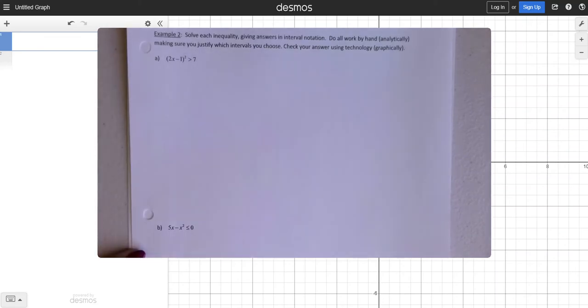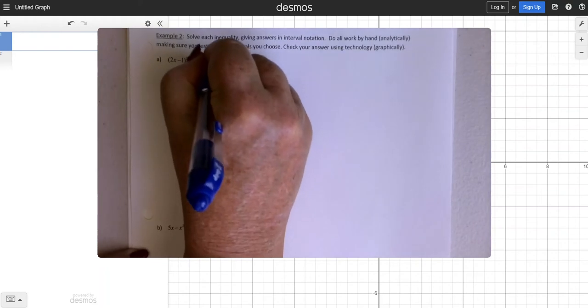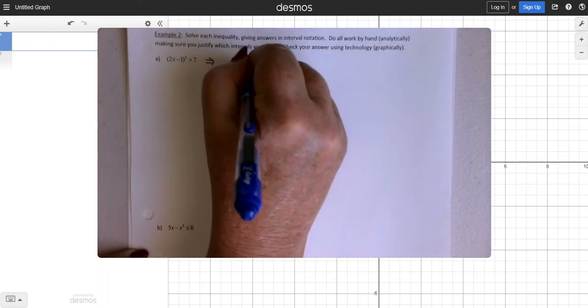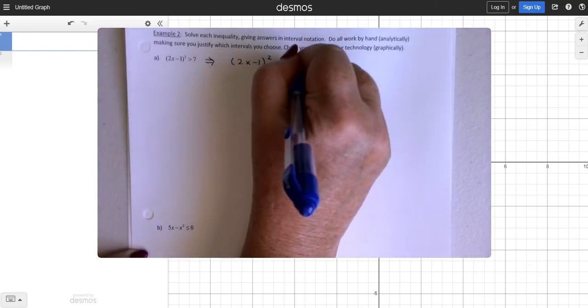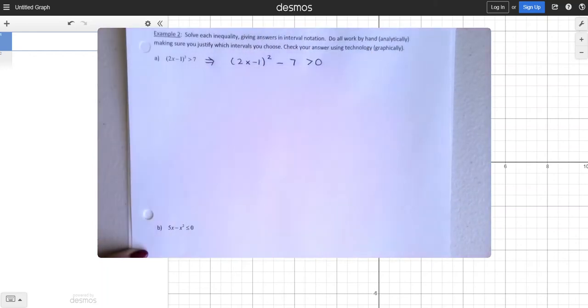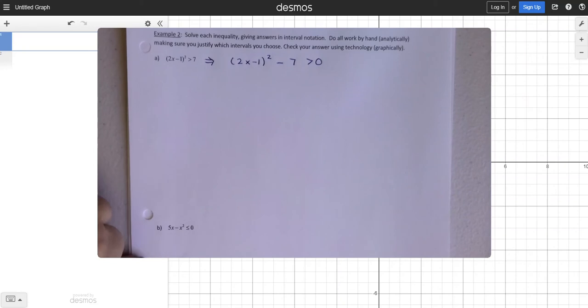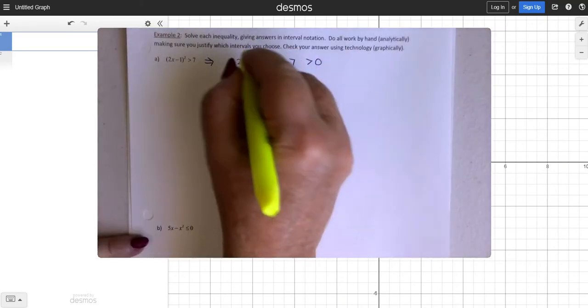I just think it's easier to test when I do that. So I'm just going to quickly rewrite this one as (2x minus 1) squared subtract 7 is greater than 0. Ultimately, that's the inequality I am looking to solve.